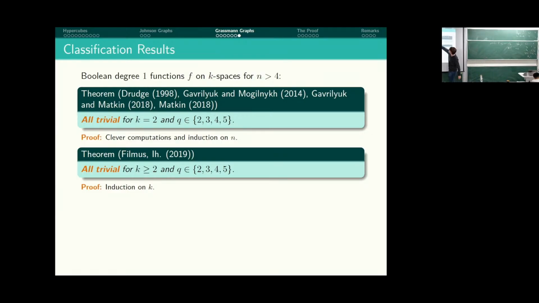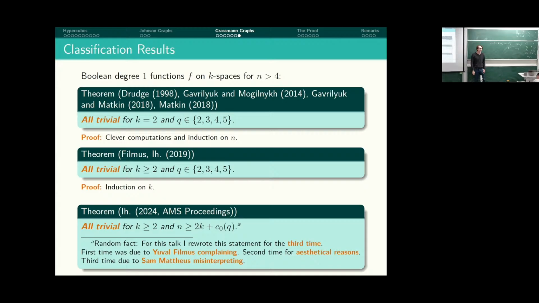He knew this result for q equals 2, but not general k. And then we figured out we can also do induction on k to do it for the same small values of q. So even degree 1 there is complicated.